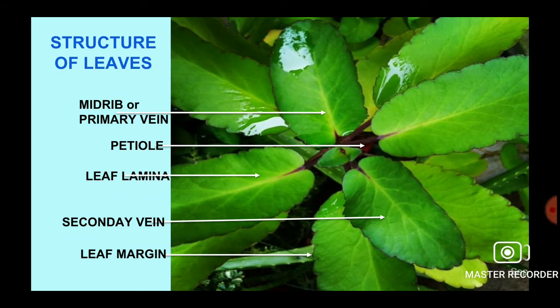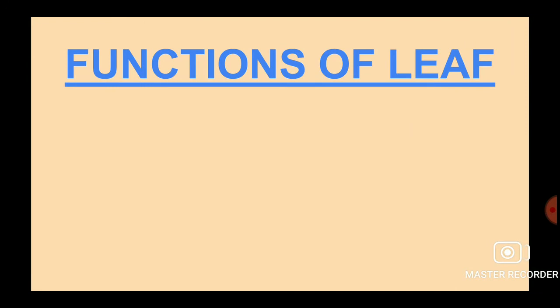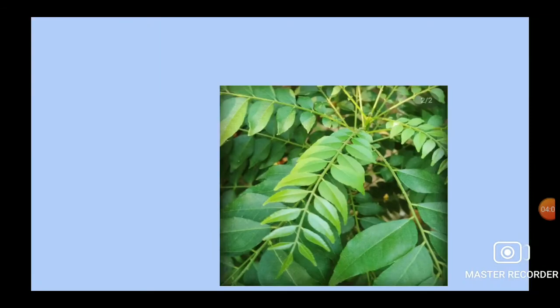But what is the importance of having leaves on plants? Yes, leaves are very important, and for that we are going to study the functions of leaf. I am very sure that you have already learnt about the most important function of leaves. And what is that? Yes, we are talking about the process by which plants prepare their own food.